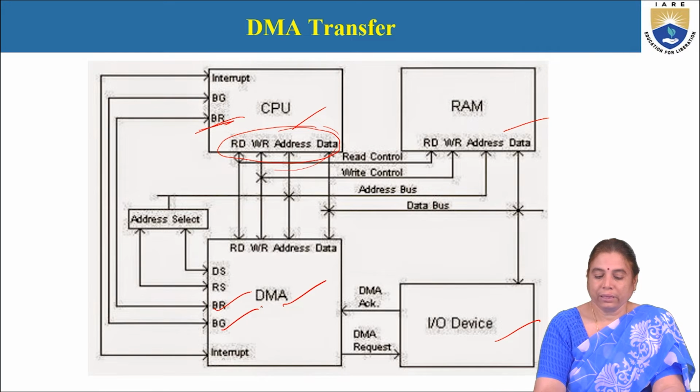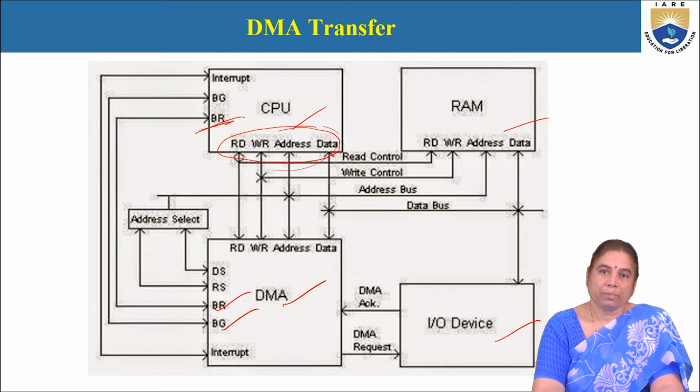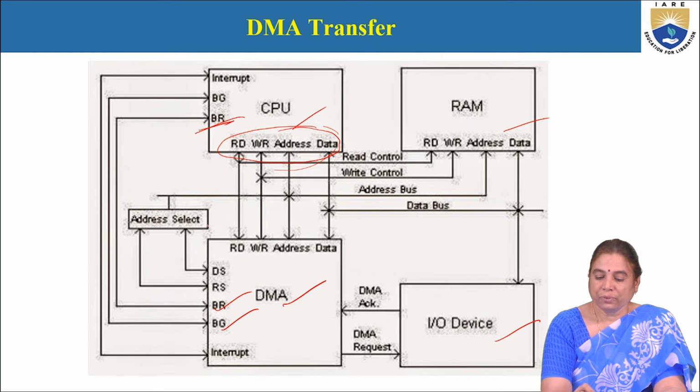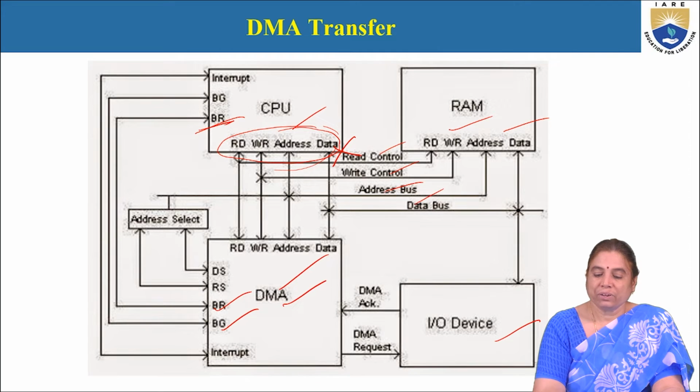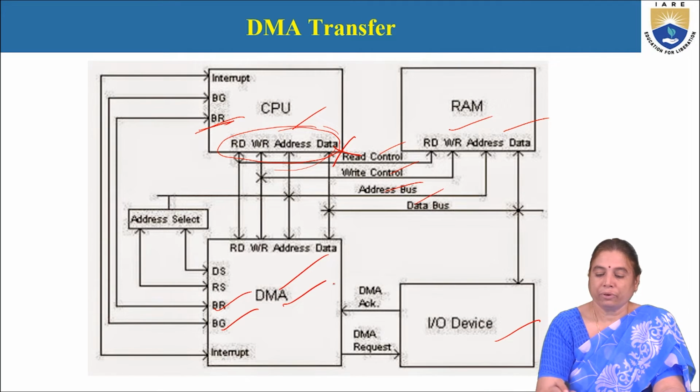By identifying the bus grant, the DMA understands that the CPU has relinquished the control buses, and the DMA takes the bus control and is involved in the data transfer by using the address bus, data bus, and read and write controls. The data can be read from and written to the RAM directly between memory and the DMA, without the intervention of the CPU, from the I/O devices.